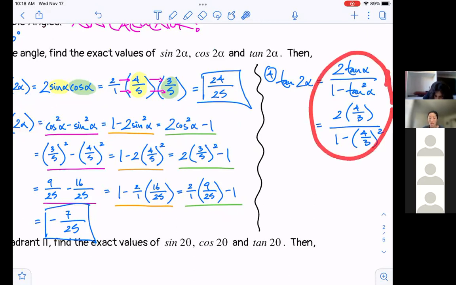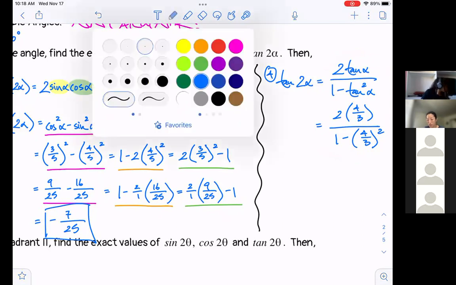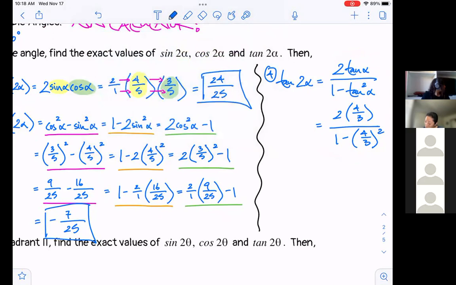You can use the tangent double angle identity. Nothing wrong with that. Really great practice in multiplying fractions, finding common denominators, etc. But check this out.